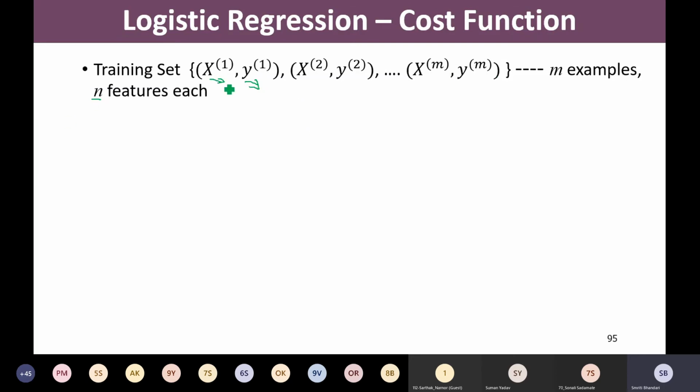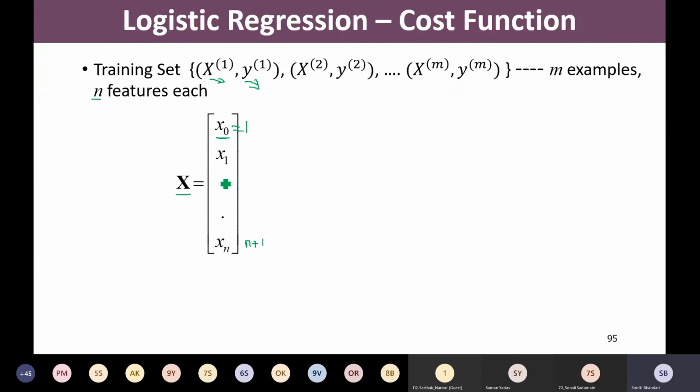If we look at our feature vector x, we have these features from x1 to xn, and as we know, we have added one more extra feature, x0, which is always equal to 1. So overall, my feature vector x is of dimension n plus 1.